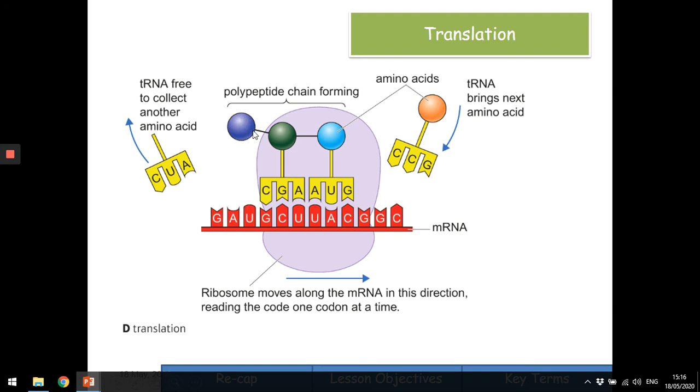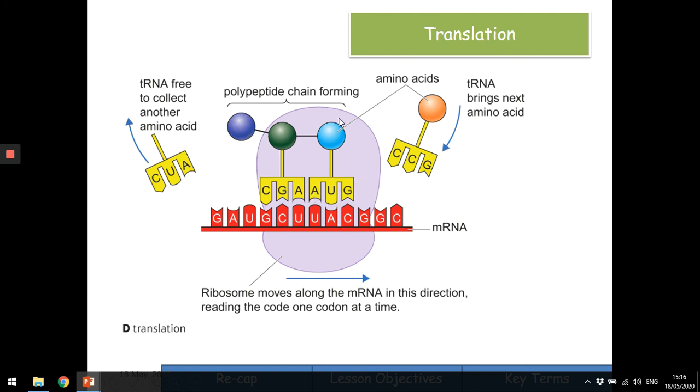As soon as that amino acid is bound to another amino acid, that tRNA leaves to collect another amino acid. This transfer RNA has come in again with its anticodon, attaching to its codon with its amino acid, and that's bound to the original amino acid.